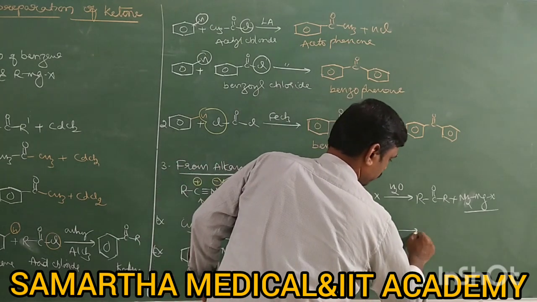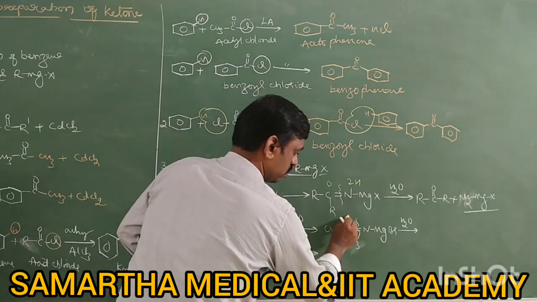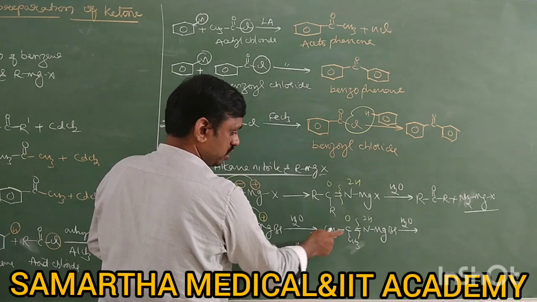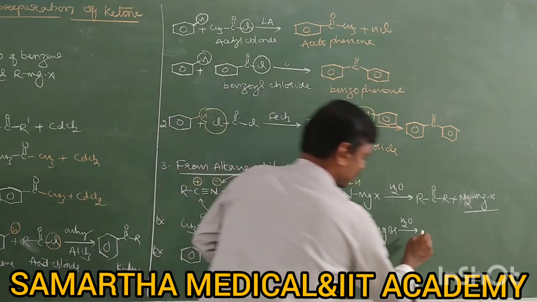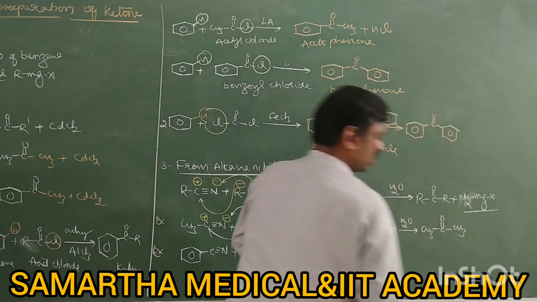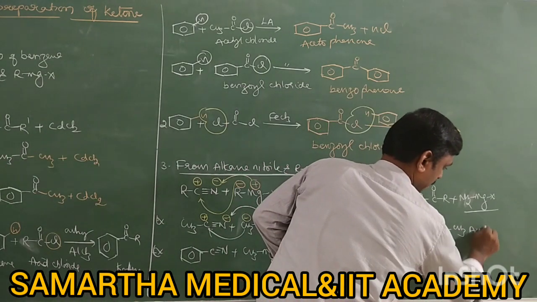Now it undergoes hydrolysis with water. You break the bond, O here with 2 hydrogens. Therefore CH3 C double bond O CH3. This is the ketone. Its common name is acetone.